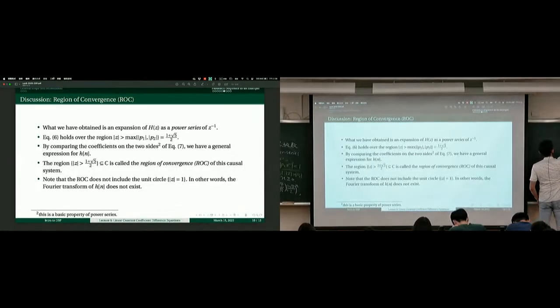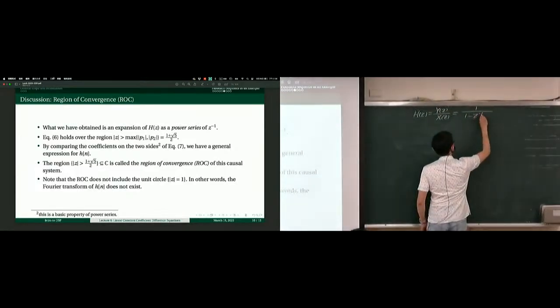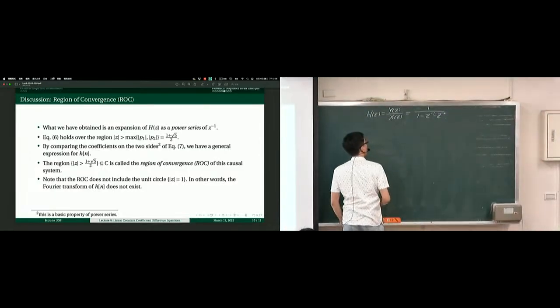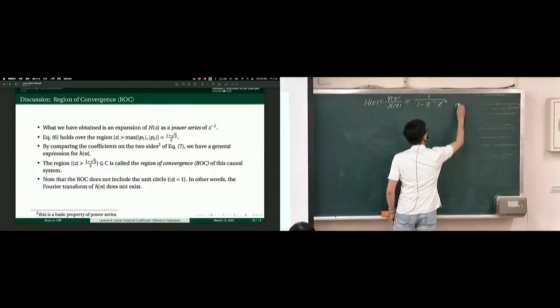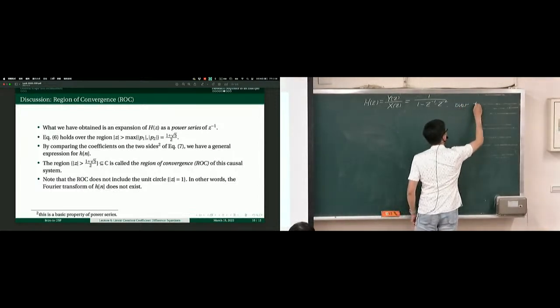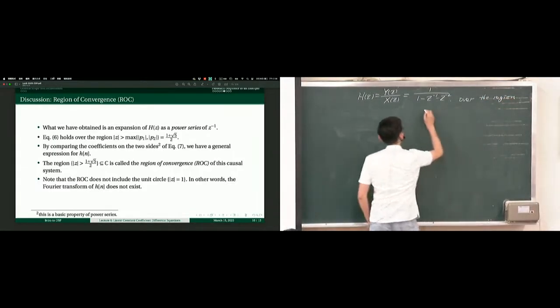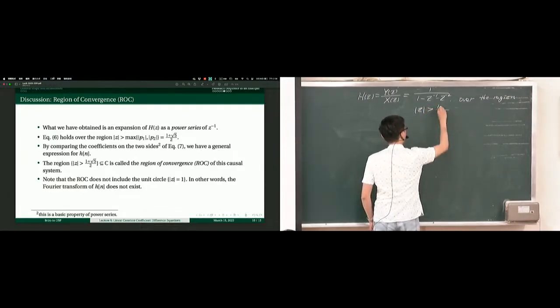So we say that H of z equals Y of z divided by A of z, and equals 1 minus z inverse minus z to the minus 2, okay? Over the region of z greater than this radius.